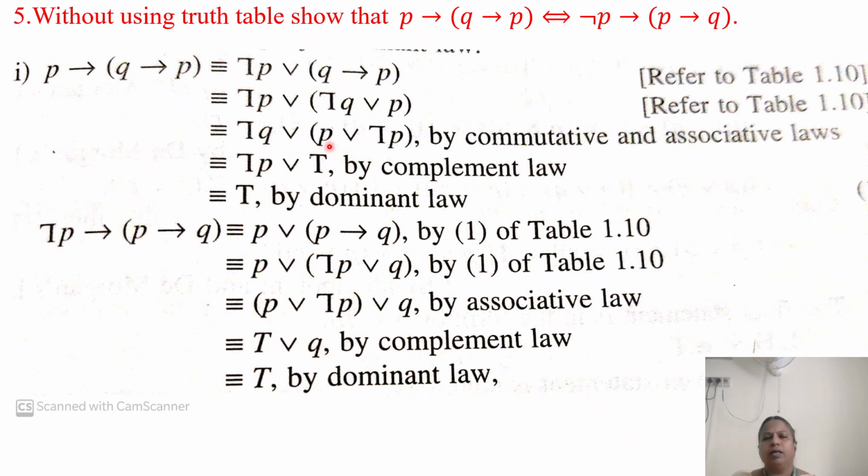And we can see that by the complement law or identity law, P or negation P is true. And negation Q or true is true by the dominant law.